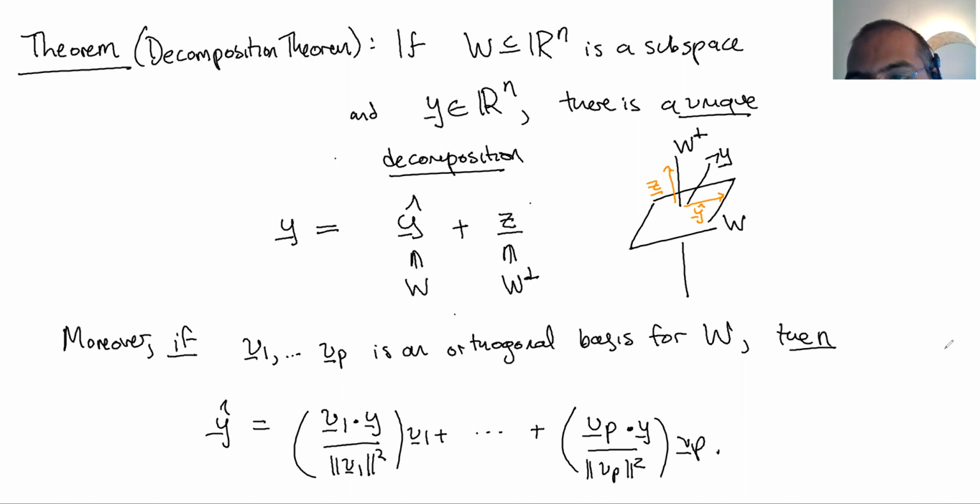Okay. And how does this connect to our original question? Well, what property does such a y hat have, right? Think about this equation. If you rearrange it, it implies that y minus y hat is in W perp, right? y minus y hat is, after all, just z. And so this leads to something called the best approximation theorem.